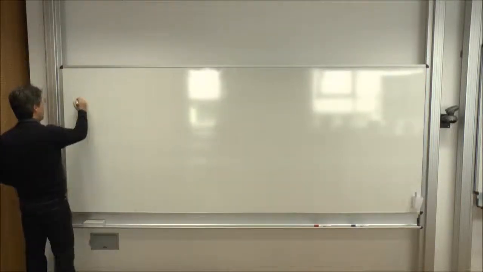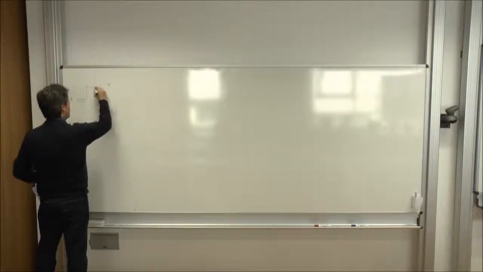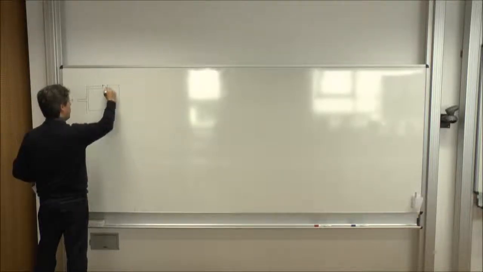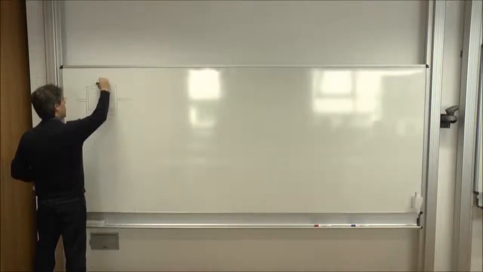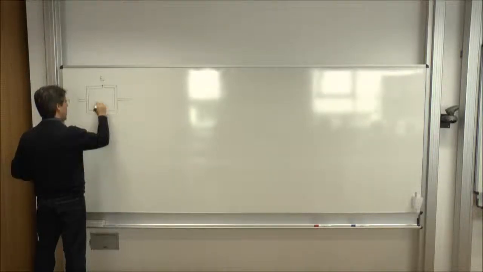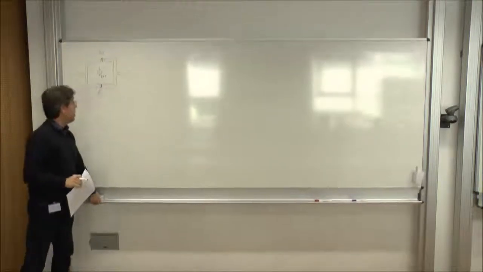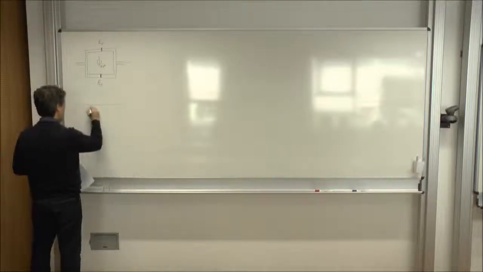This is a SQUID, which is this device where you have a superconducting loop with two junctions, and which is threaded by some external flux in the middle. You have seen this design, for instance, in the charged qubit experiments from Yale, where you have your superconducting island.